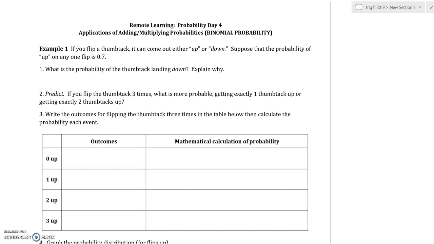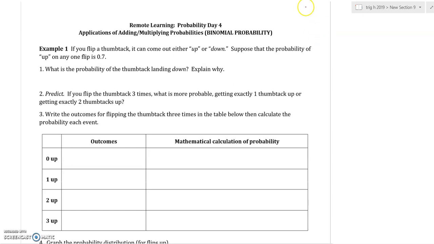Binomial meaning two options. So for this first example, we're going to flip a thumbtack, and it can either come up or down. So again, visualize a tack looking like this, right? Up or down, like I guess it would kind of look like this if it was down on the ground. Okay, so somehow we know that the probability of up is 0.7.